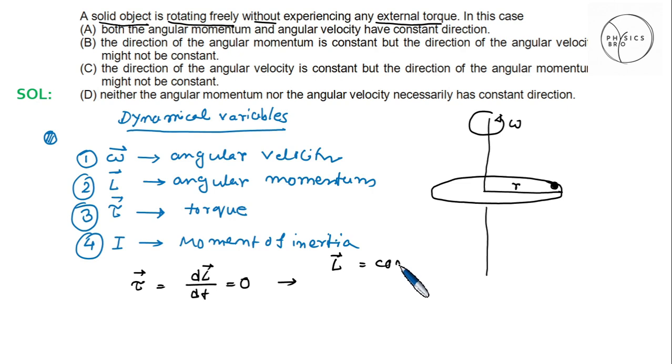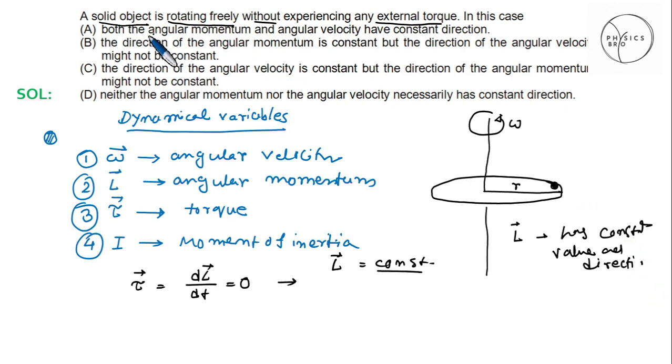L equals constant, and L is a vector, so the value is constant and the direction is too. So L has constant value and direction. Okay, we got it.